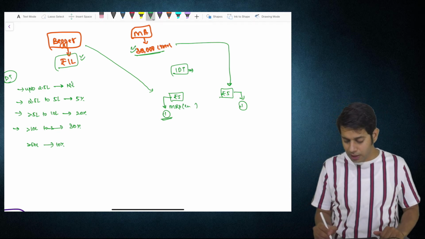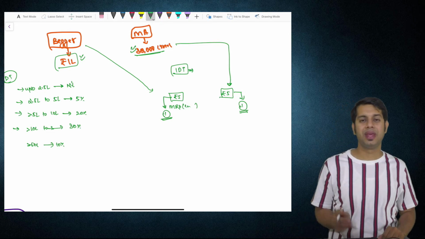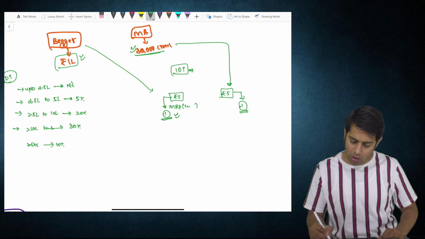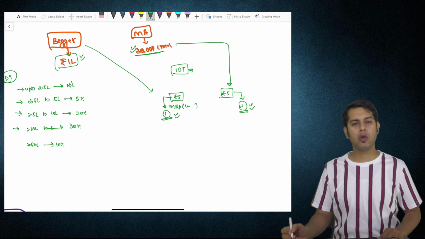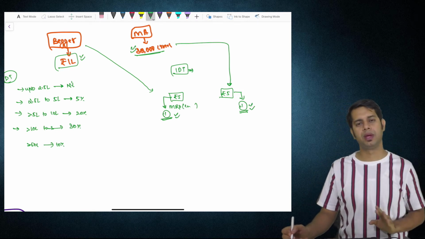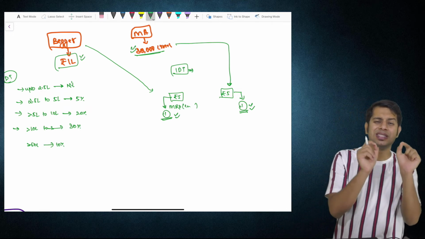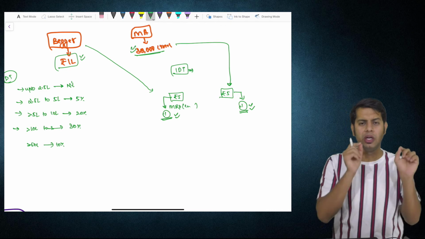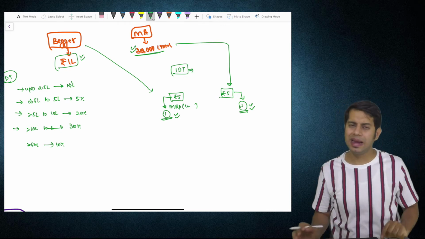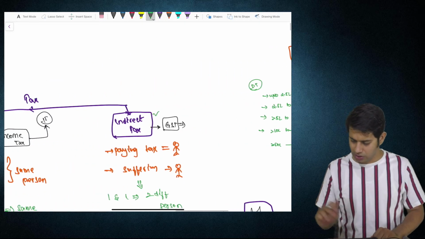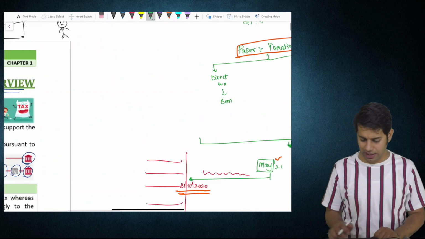So irrespective of your income, irrespective of your ability to pay, the amount of indirect tax required to be paid by both of you is the same. Whether it is Mukesh Ambani or a beggar, you will have to pay the same amount of GST to the government. Okay, so that is the nature of indirect taxes and direct taxes.